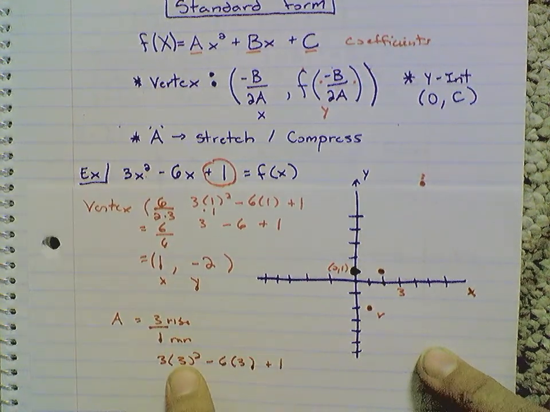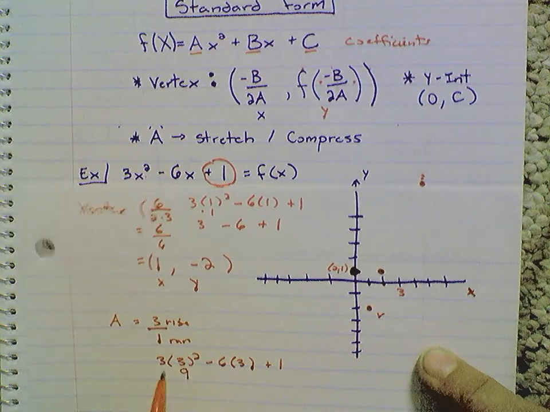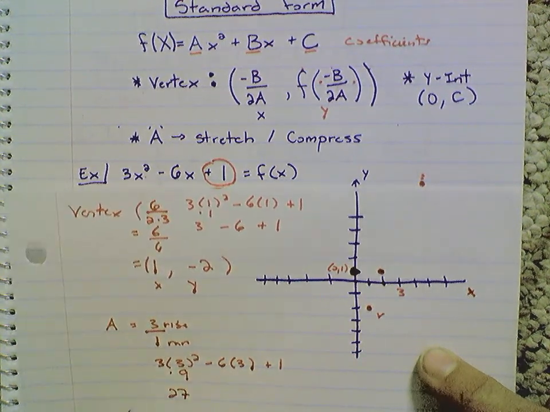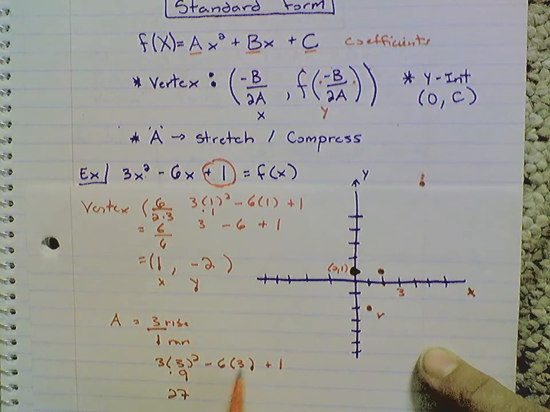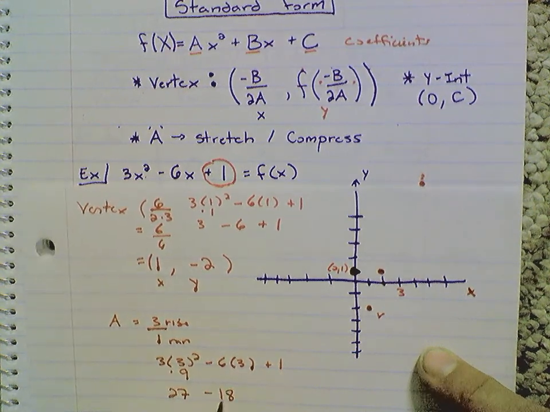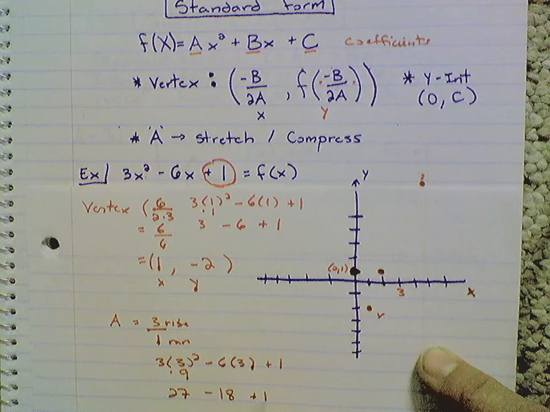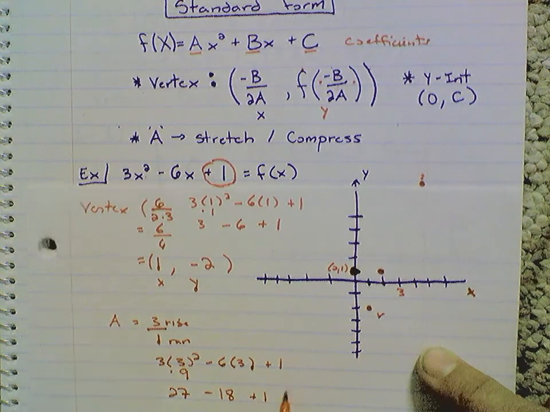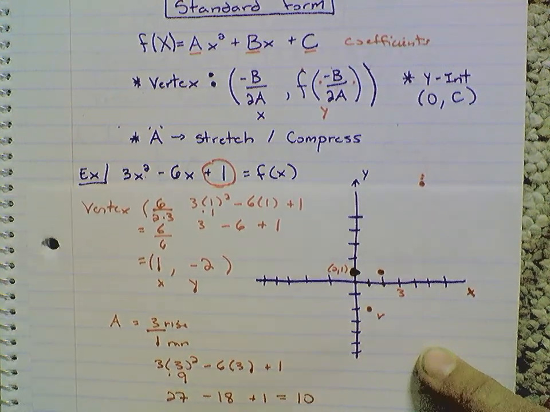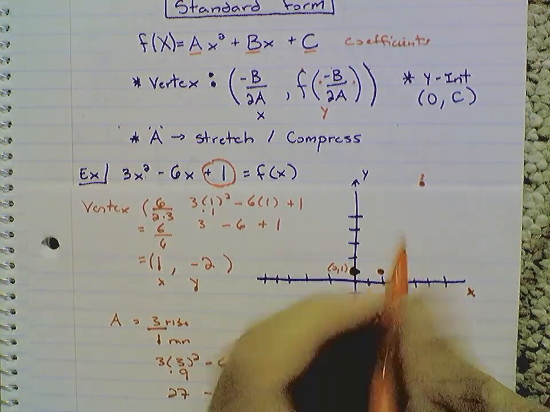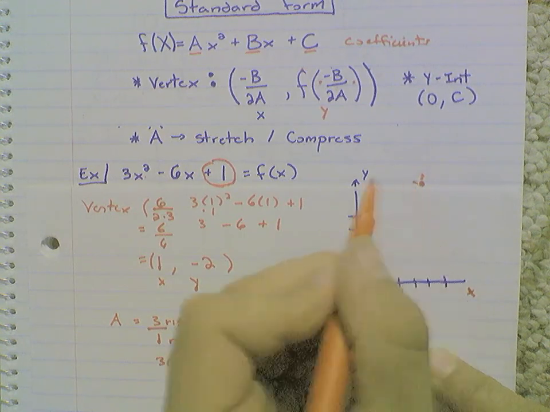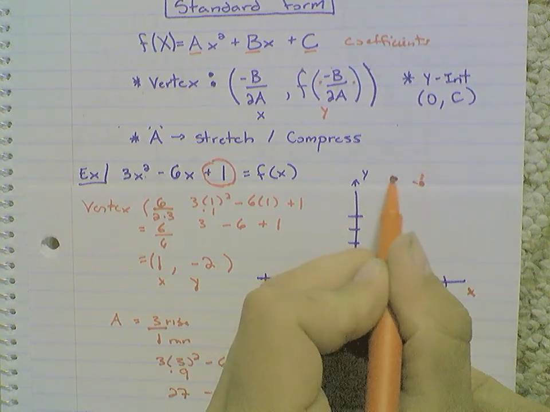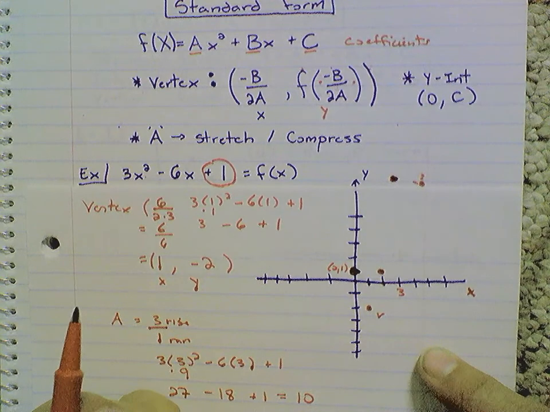Well, 3 squared is just 9. 3 times 9 is going to give me 27. And then negative 6 times 3 is negative 18. And then I add 1 to that. Well, 27 minus 18 plus 1 is equal to 10. So when I plug in that 3, I should be up at 10, which is probably going to be a little bit off my graph.